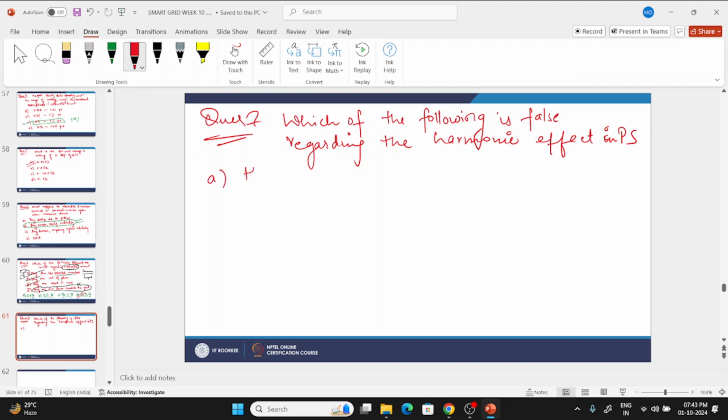First, harmonics are caused by non-linear loads.